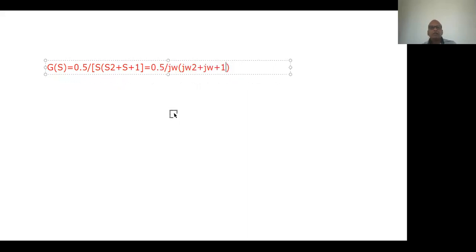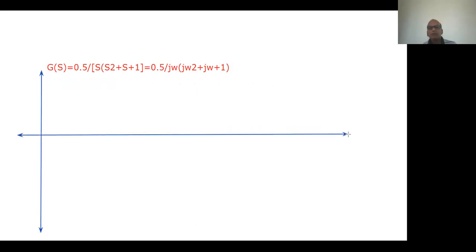And then we will draw the asymptotes for each corner frequency, and then take the scale.